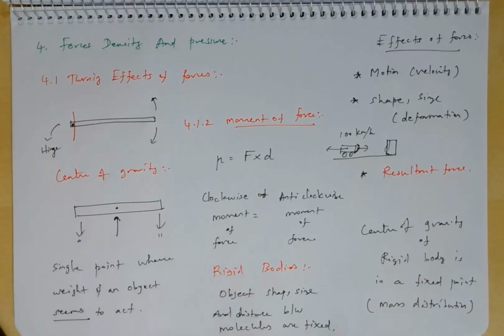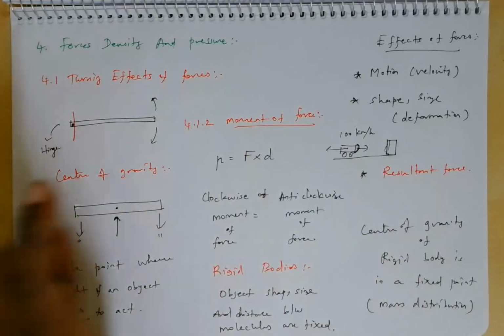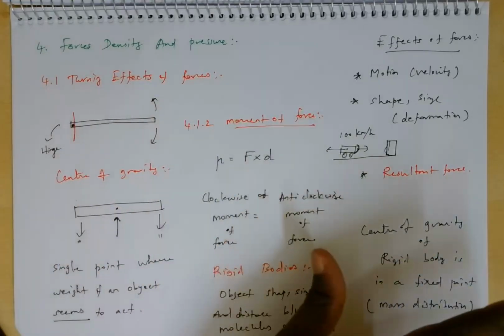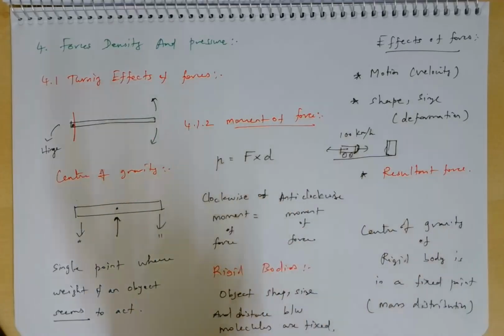Meaning how the mass is distributed across the ruler or across the steel bar, whatever we are taking. Are we going to change the mass composition after we take it into account for the experiment? No, so the center of gravity remains the same. If you have an object with equally distributed mass, the center of gravity stays exactly in the center.